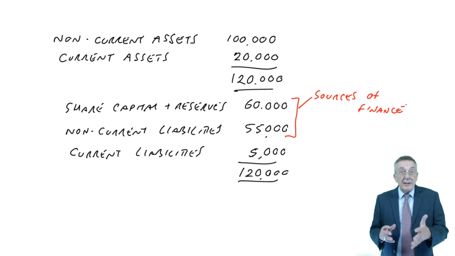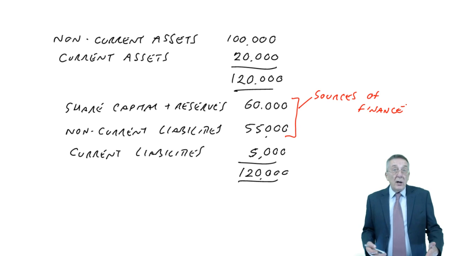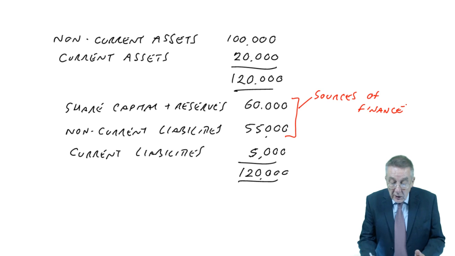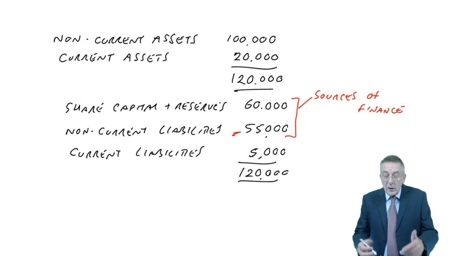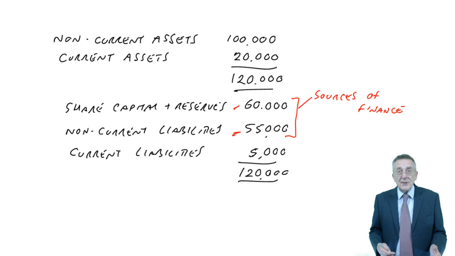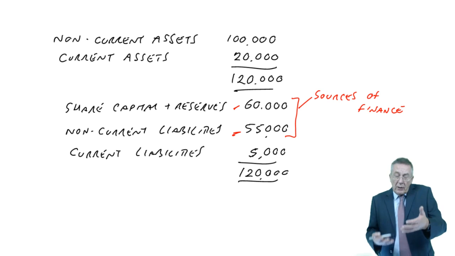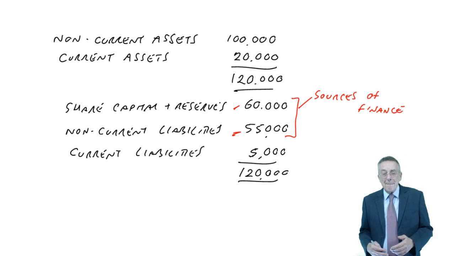money. One major factor in deciding how to raise the money is the cost of it. By cost, I mean, if they borrow money, they're obviously going to have to pay interest. If they're raising it from shareholders, it's not interest, but they do have to pay dividends. So the business obviously wants to raise money in the cheapest way.